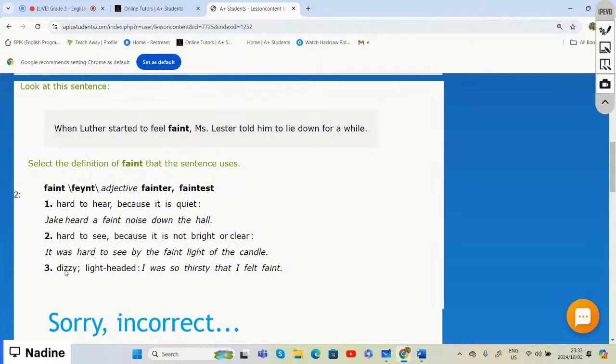All right. So the meaning of the word, right? It says when Luther started to feel faint, Miss Lister told him to lie down for a while. So here we have a word faint.